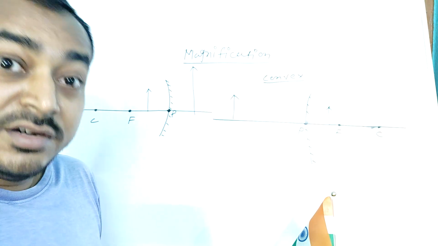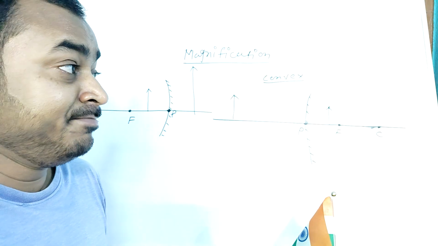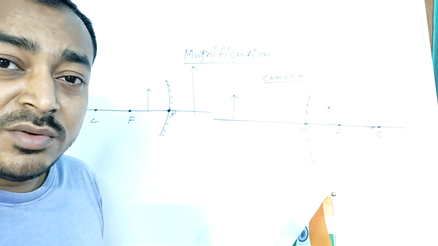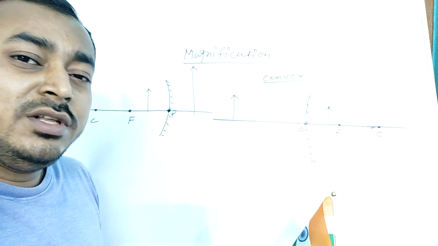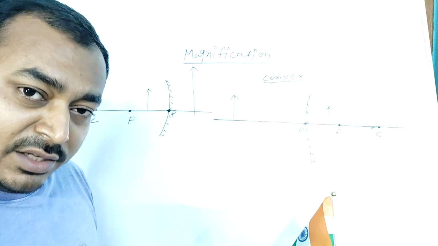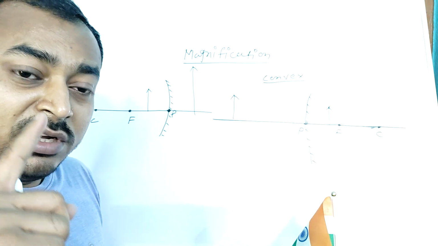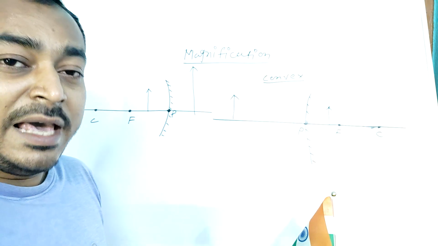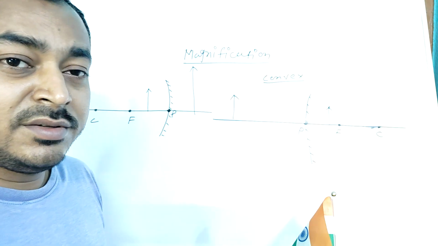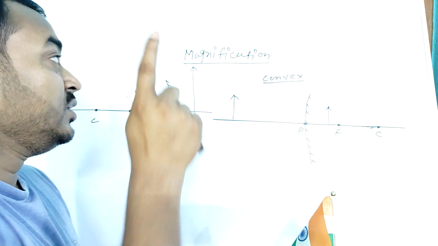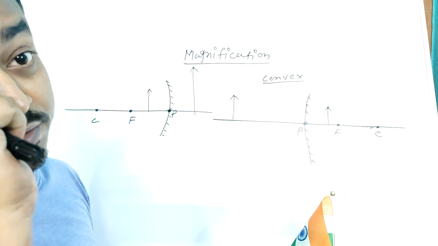Then the mirror formula, the derivation of the mirror formula, and all the ray diagrams for concave and convex mirrors, along with the characteristics of the image. Now today we are going to discuss magnification.